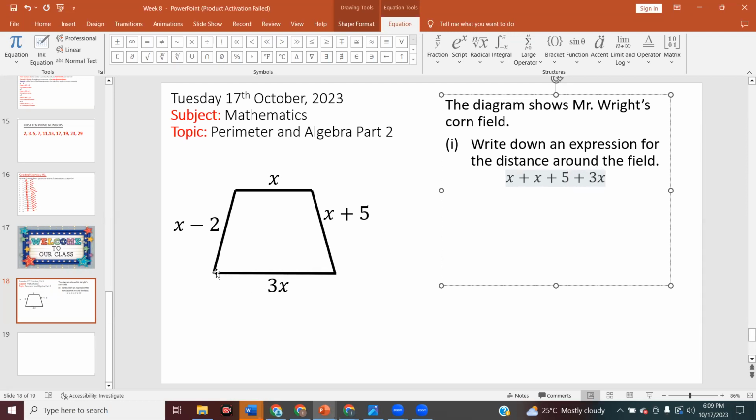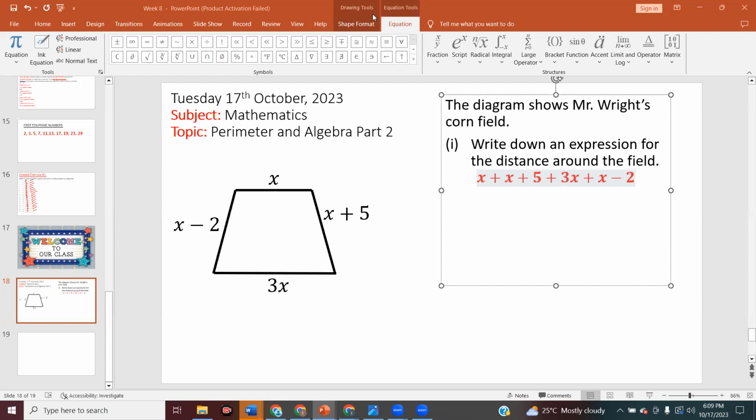Plus what? Plus x minus 2. Very good. And is that it? Is that the expression for the distance around the field? Yes, sir. That's the expression for the distance around the field. So all we did was add up all of the sides.